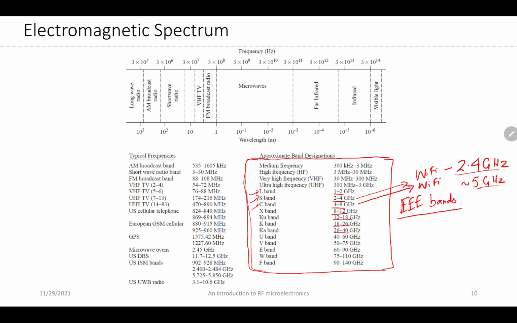And similarly, different other frequencies, for example, Ku band and Ka band, are assigned to satellite communications. And you'll find your dish TV networks, which are basically satellite networks. They rely on these bands, which have been assigned to them for mass media, for television based communications.